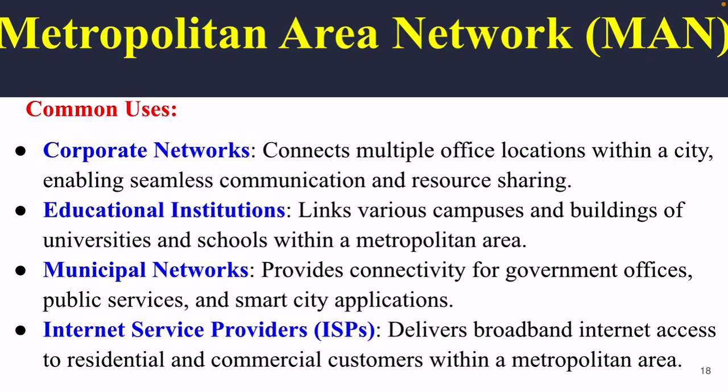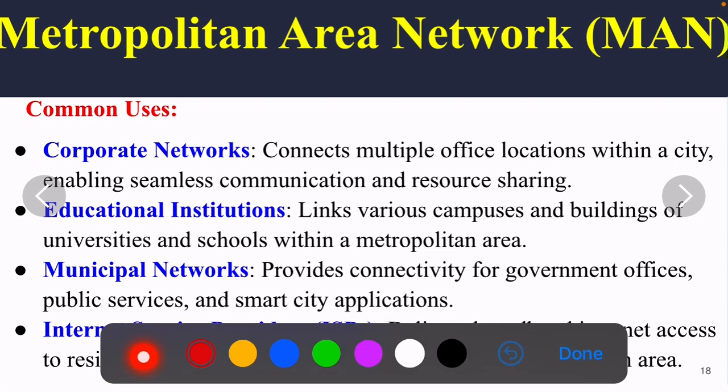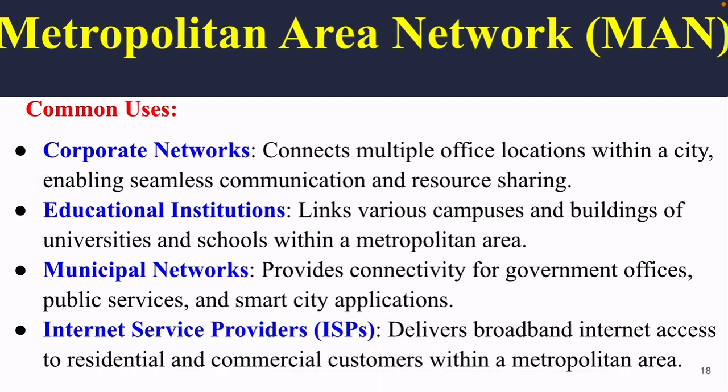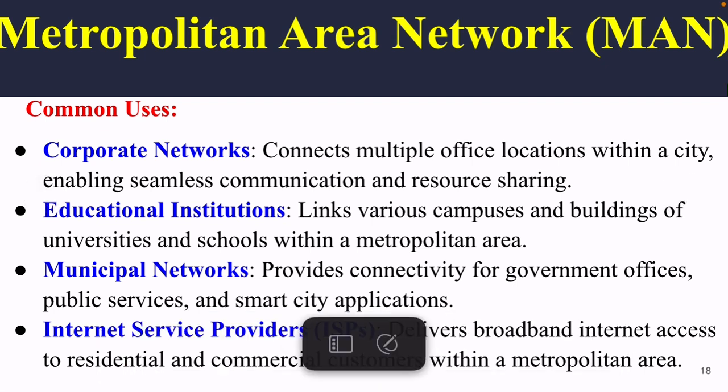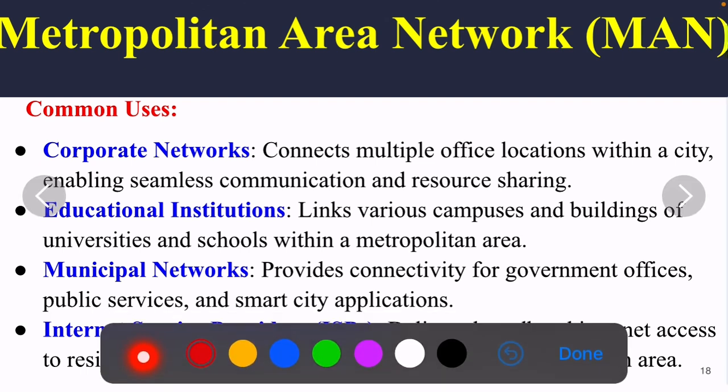Then the common uses of the metropolitan area network are in corporate networks, educational institutions, municipal networks, and internet service providers. In corporate networks, it connects multiple office locations within a city, enabling seamless communication and resource sharing. In educational institutions, it links various campuses and buildings of universities and schools within a metropolitan area.